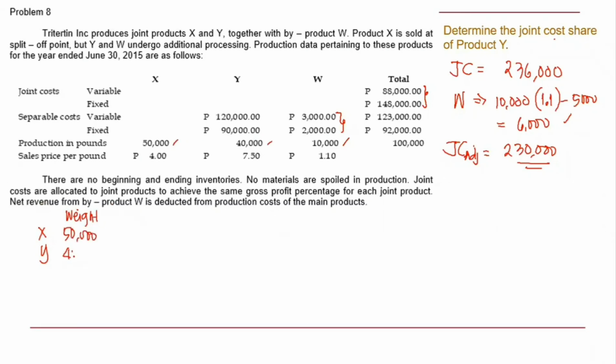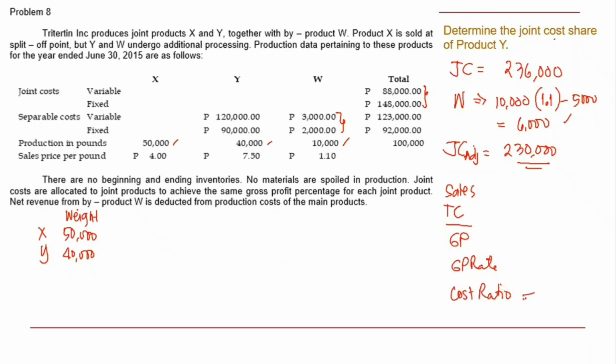50,000, 40,000. Ang gagamitin po natin ay constant margin approach. Now, if constant margin approach is used, tulad sabi natin, sales minus total cost is your gross profit. Kunin ang GP rate, kunin ang cost ratio.